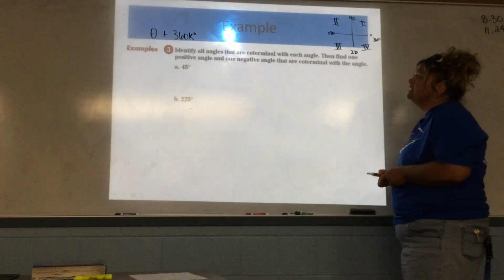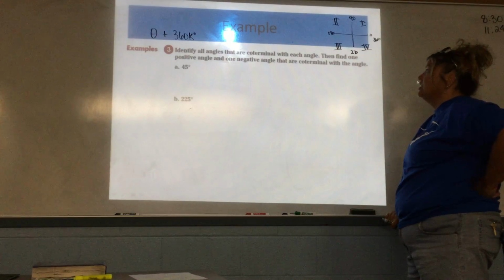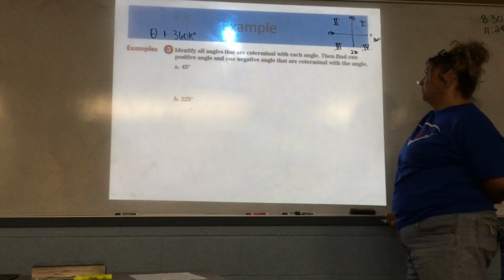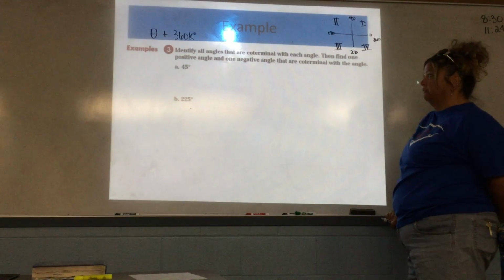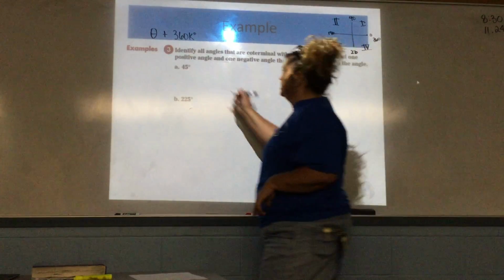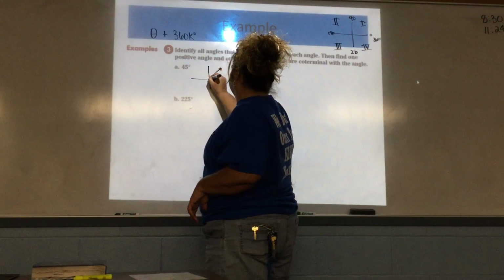Okay, identify all angles that are coterminal with each angle. Then find one positive angle and one negative angle that are coterminal. I think it's gonna be easier to do the second part first. So, what this looks like is this. Sometimes it helps to visualize.